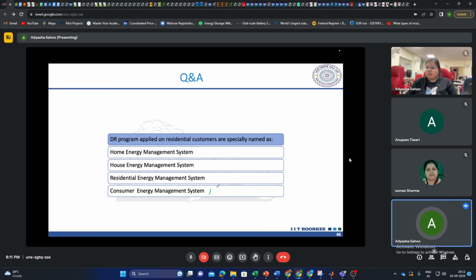To name it, we can name anything, but the special term that has been given is basically home energy management system. So here basically your refrigerators, washing machines, ACs, heaters, thermostatic loads basically, take part in the demand response activities.